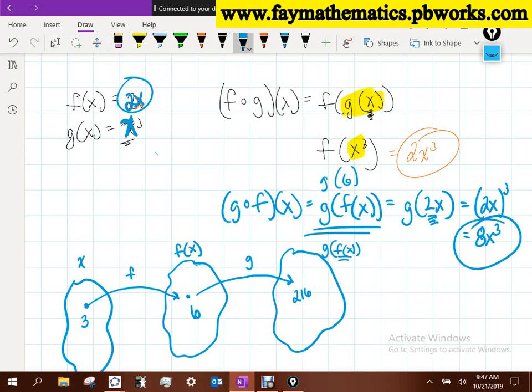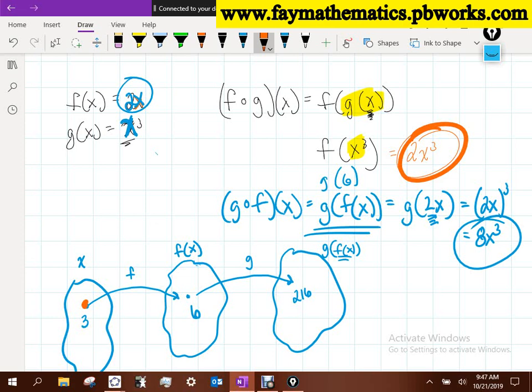Now let's think about this. What would be quicker? Couldn't I take this 3 and run it through that right there? What's 3 cubed? 27. Hold on a second.